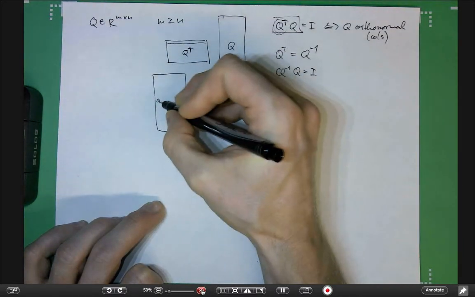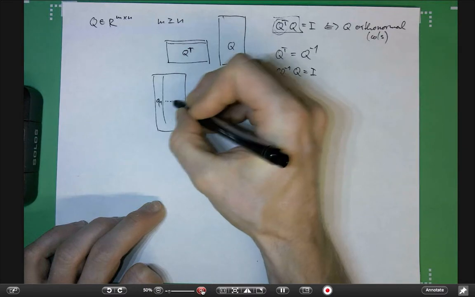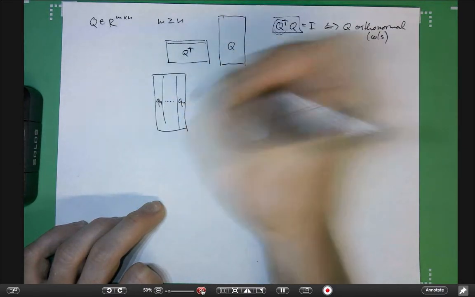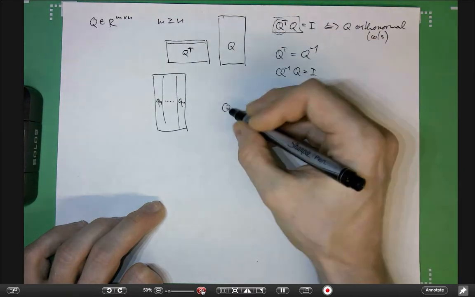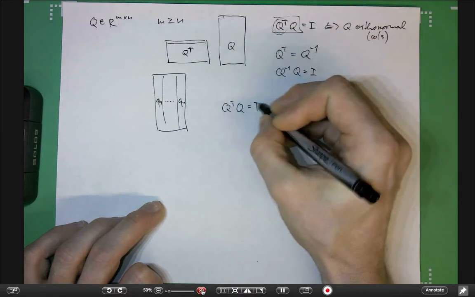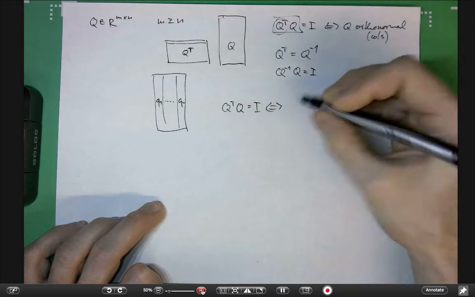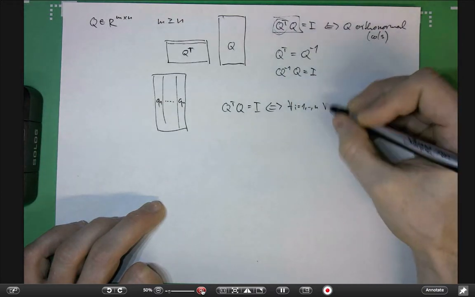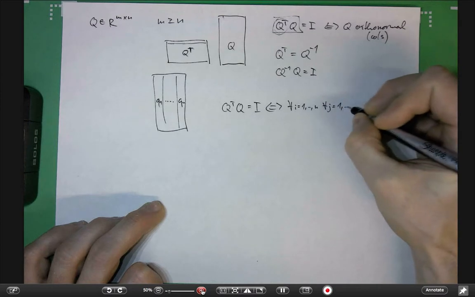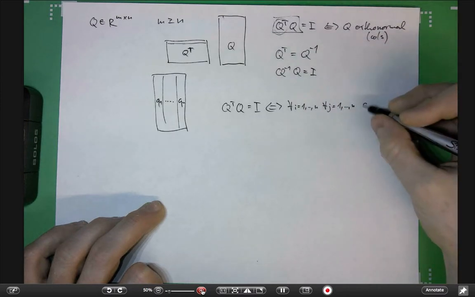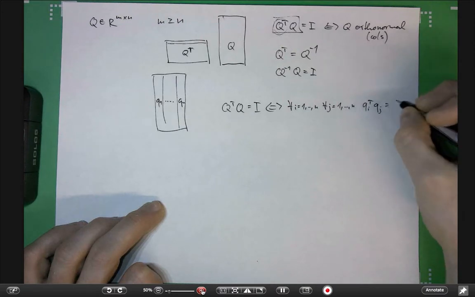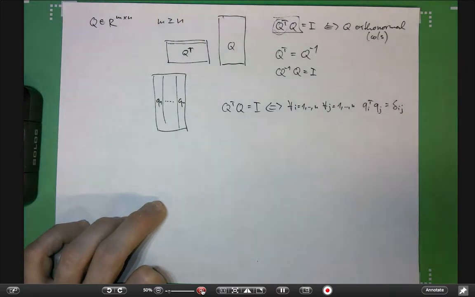If I denoted the columns as Q1 to Qn, then this QTQ equals identity is just a long way of saying that for each i from 1 to n and for each j from 1 to n, the dot product QiTQj is delta ij.